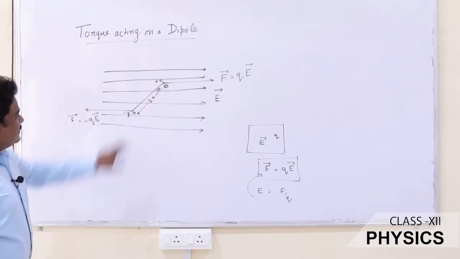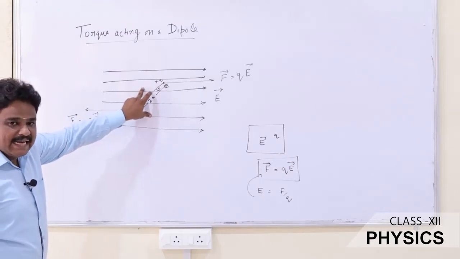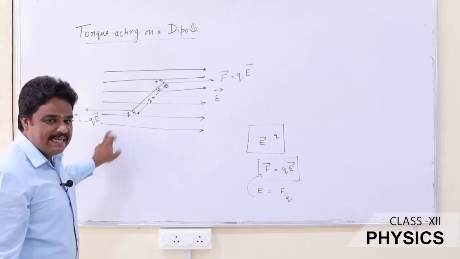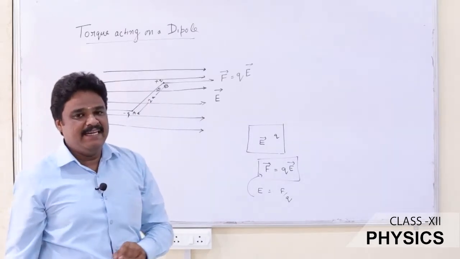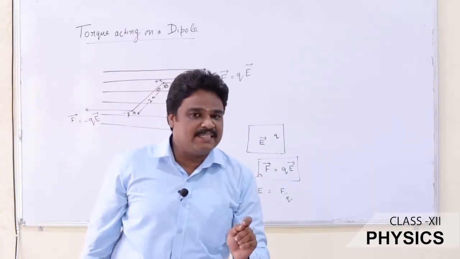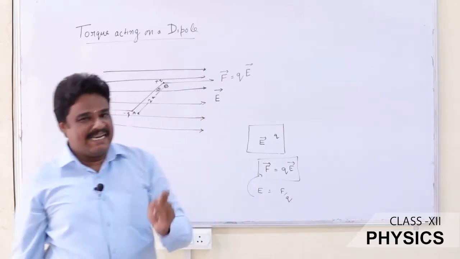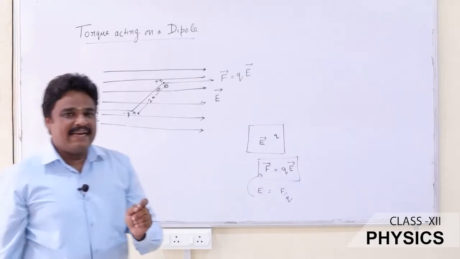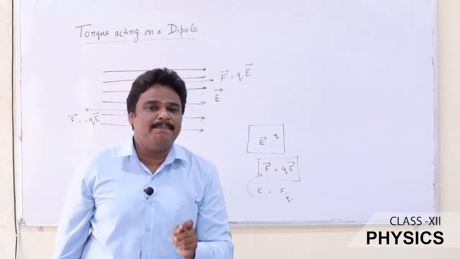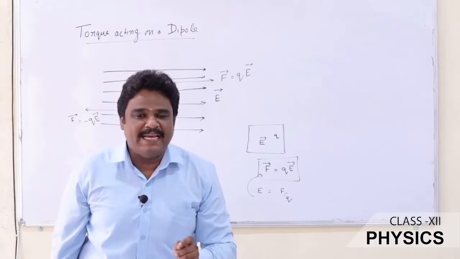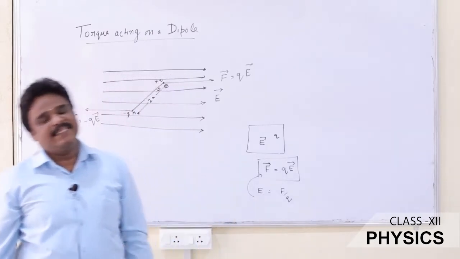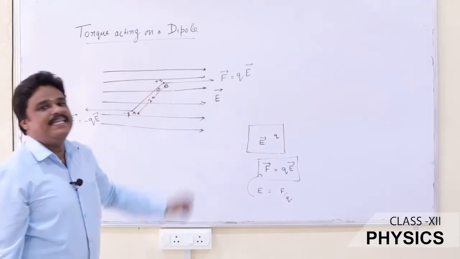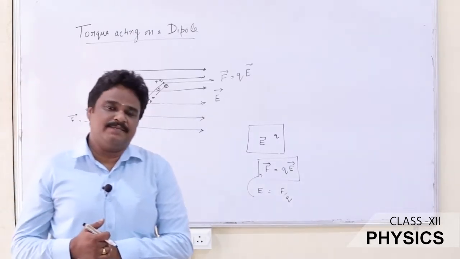Now the dipole is under the action of two equal, unlike and parallel forces. If two unlike parallel forces act, what happens to the dipole? The dipole experiences a torque. This means the dipole starts rotating in the electric field.